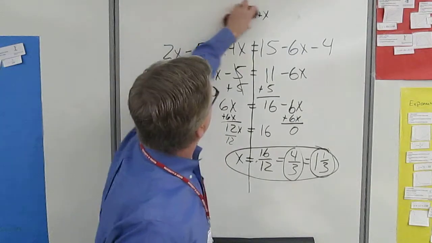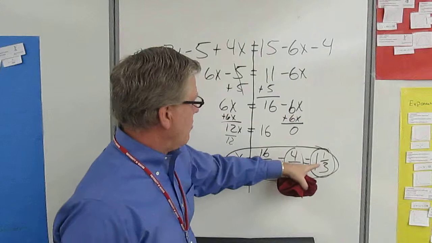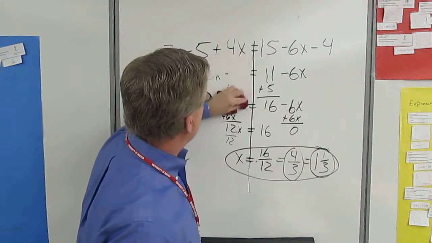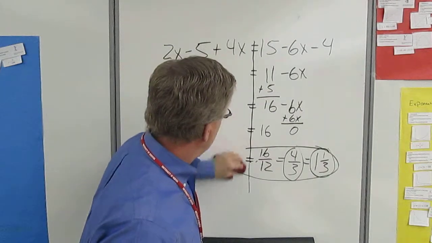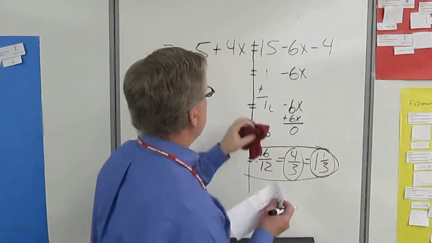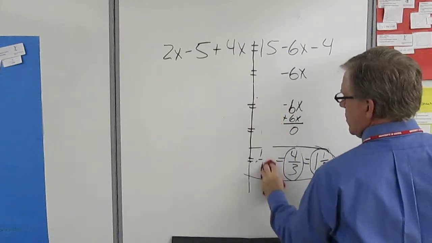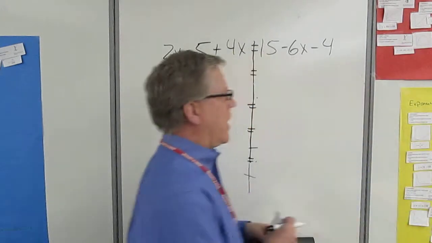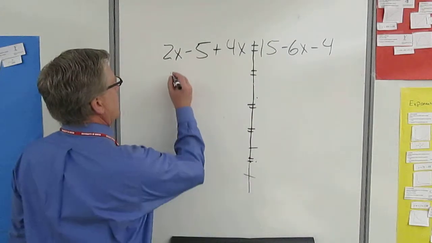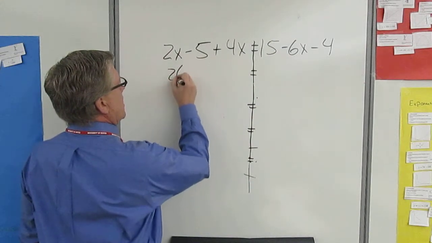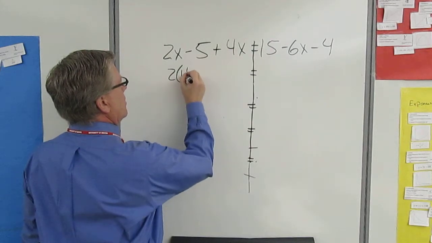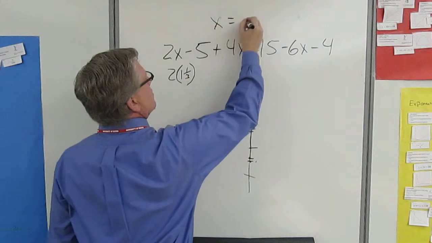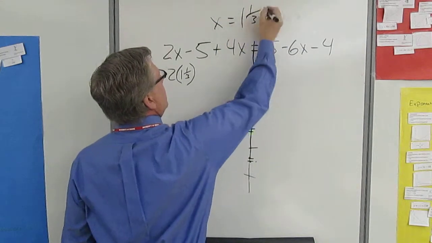All right? We're going to plug in 1 1/3 for every x. Now this is going to be kind of tough, okay? So let's start over here. Okay, we're going to put 1 1/3 in here. 2 times 1 1/3. Everywhere x is, we're going to put 1 1/3, because x equals 1 1/3. Okay?